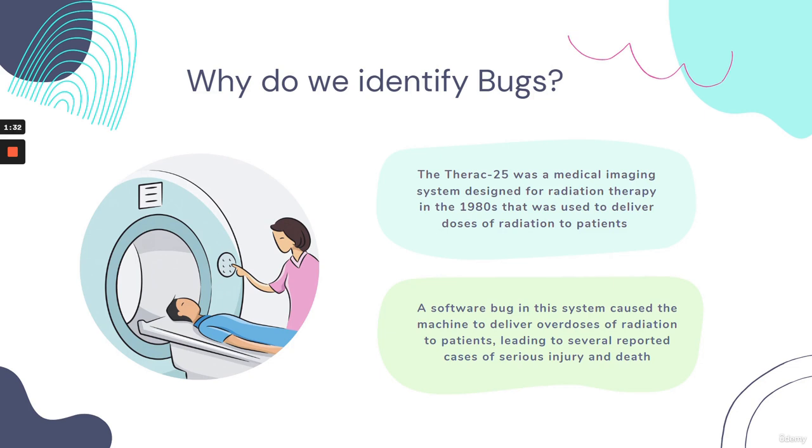A software bug in the system caused the machine to malfunction and deliver overdoses of radiation to patients, leading to severe injury and many cases of death. This is why identifying bugs in the process of software quality assurance testing is critical, and in situations like this can be even life-threatening if overlooked.